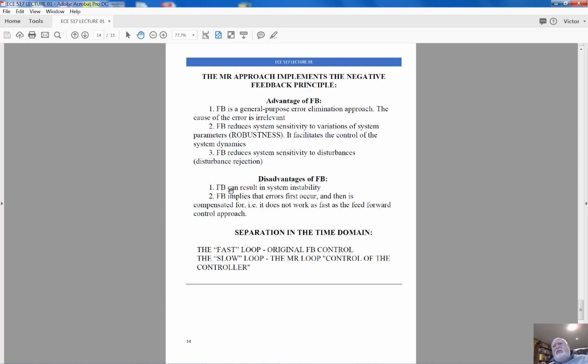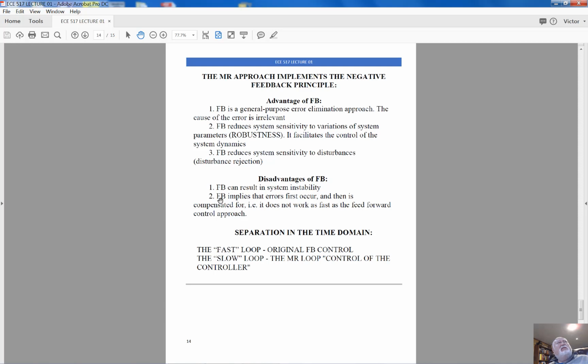And of course, there are disadvantages of feedback. A system with feedback could be unstable, and when you will be working on the model reference systems, instability will be a major concern. And then there is another inherent problem with feedback. Feedback implies that the error first must be detected.